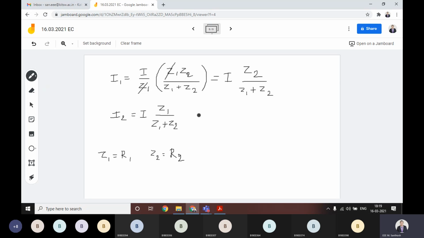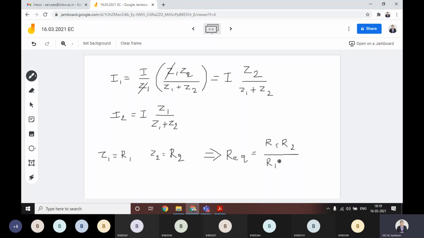Then suppose you want to calculate R equivalent. What is the formula for calculating R equivalent? Both are in parallel. R1 R2 by R1 plus R2. This is simple. R1 R2 by R1 plus R2, as our friend told.